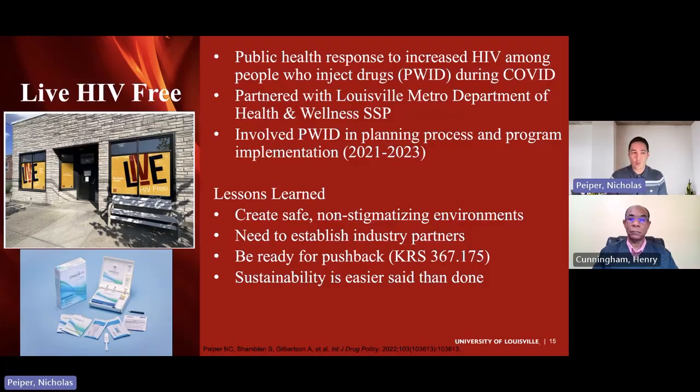So in working with OraSure, who manufactures the self-testing kits, we were able to reduce those prices and really increase the number of kits that we were able to distribute. But what that meant was that we had to create a lot of our own instructions. But again, that was an opportunity to engage with community members and this particular population to come up with graphics and pamphlets and provide instructions in ways that wouldn't be off-putting for this population.